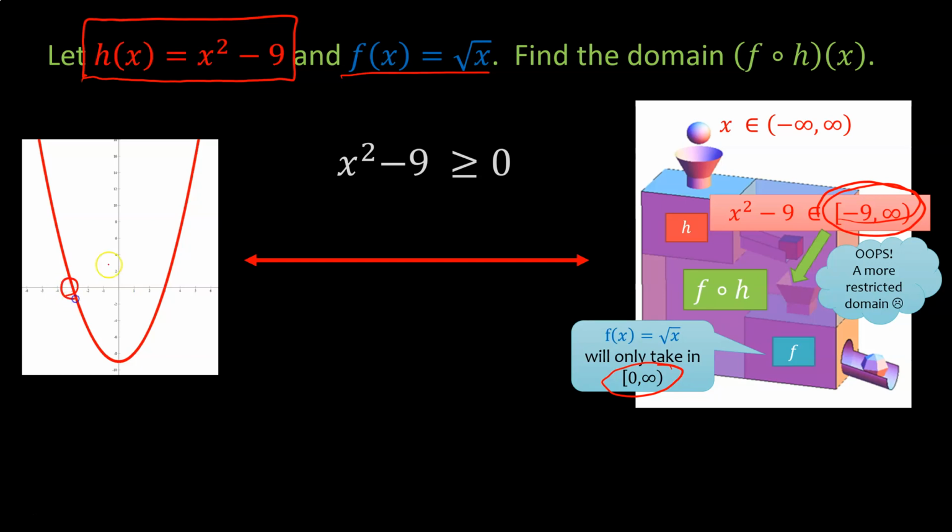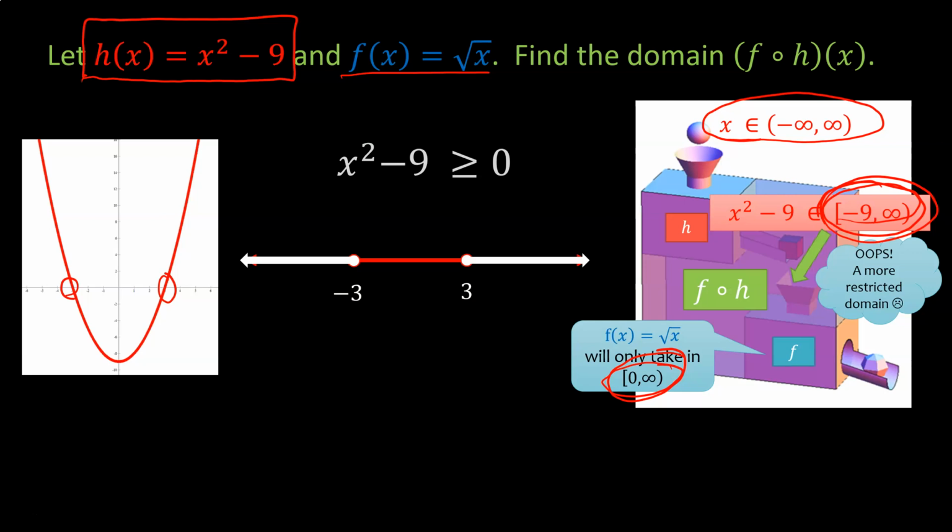At negative 3 and 3, we will have the zeros there. That's when x squared minus 9 is equal to 0. Anything to the left of negative 3 and anything to the right of 3 will give us values greater than 0. So even though we started out with all real numbers, we need to make sure that these two sets match up.